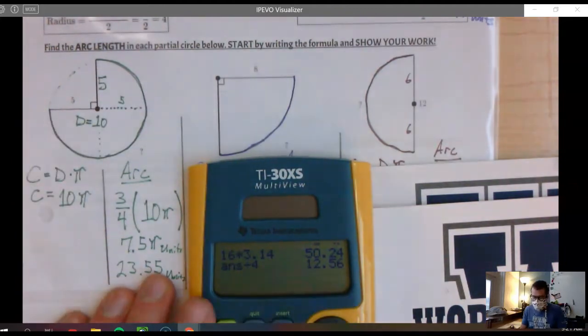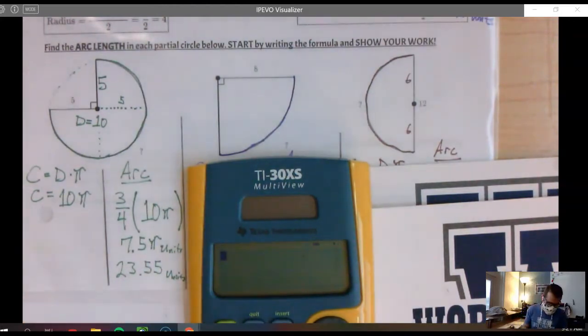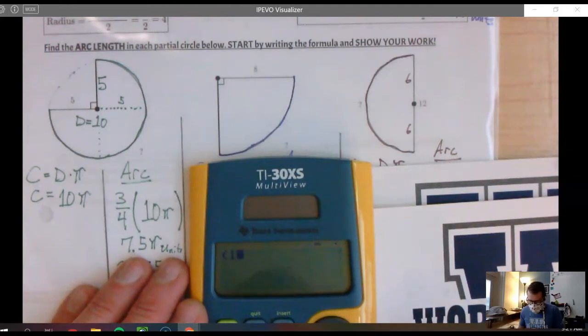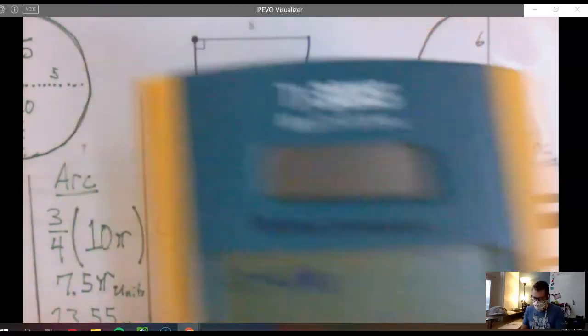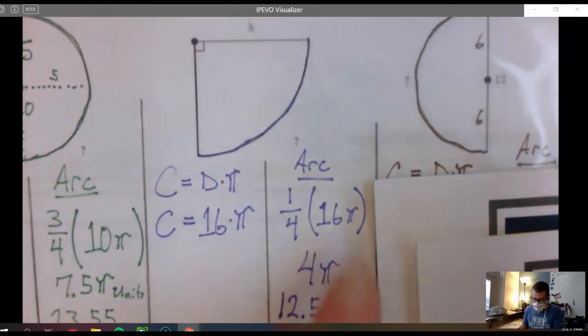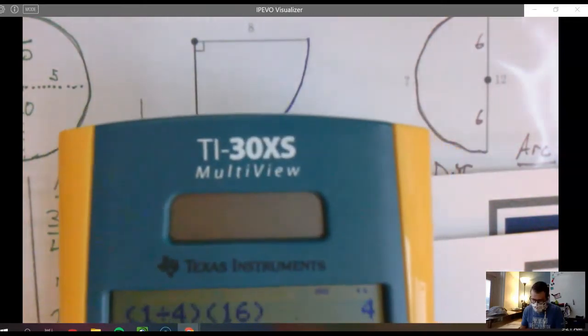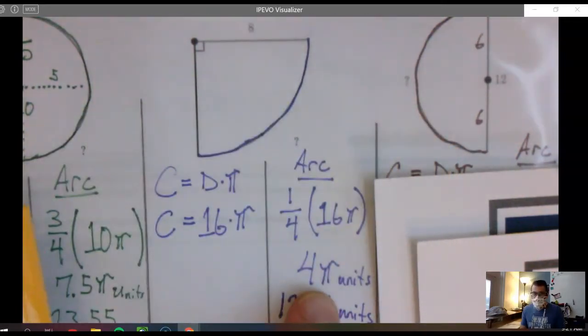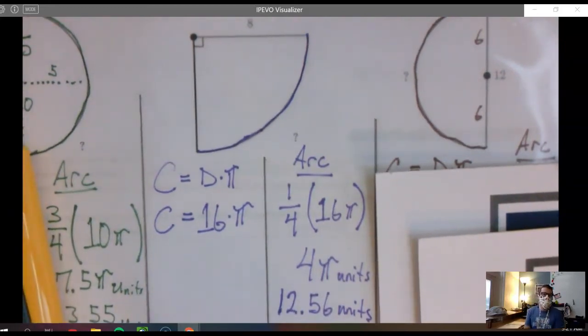So if we divide it by 4, we would then need to multiply by 3 still. So that's where it's an extra step. Or if we multiply, it's 1/4, right? 1/4 of 16 pi. Oh, wait, what's 1/4 of 16? Oh, it's 4. So we get 4 pi. Or 12.56. Questions?